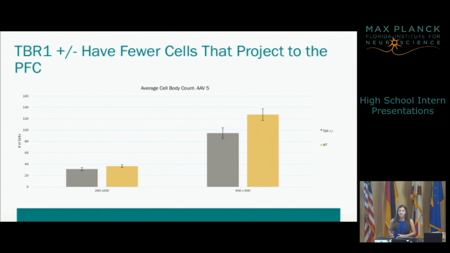For this, I looked at a 200 by 200 square area of the amygdala and a 500 by 500 square area of the amygdala. And in both of these areas, there were fewer cells that projected to the prefrontal cortex in the TBR plus-minus as compared to the wild type.